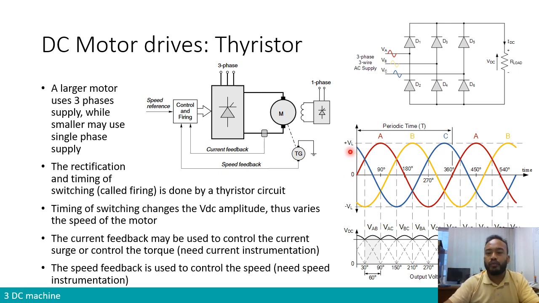If we look at phase A, the red one, we will not only get the positive part, but we also turn the negative part into positive, so we get full wave rectification from the AC current.